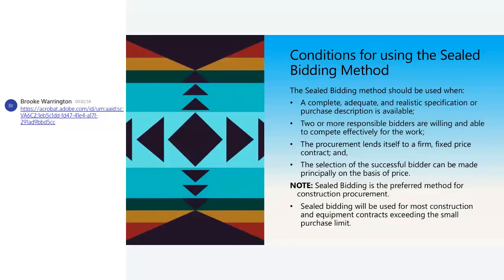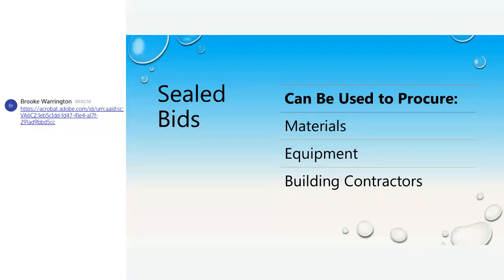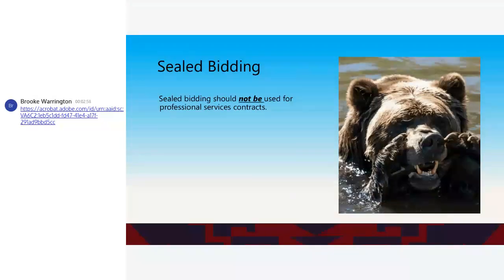Sealed bidding will be used for most construction and equipment contracts exceeding your small purchase limit. You can use them to procure materials, equipment, and your building contractors. It should not be used for a professional service contract.